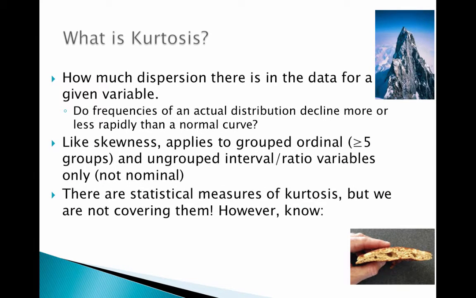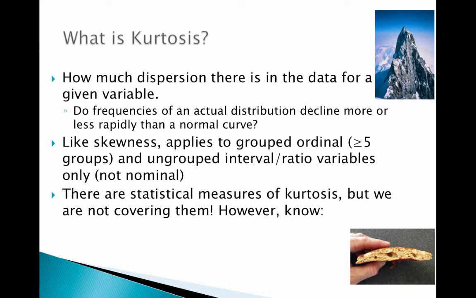Okay, our last distribution property, kurtosis. So as much as skewness talked about mean, median, and mode, and really where the mean is relative to the midpoint, really all about measures of central tendency, kurtosis is talking about dispersion. How much do the actual scores decline from our mean?